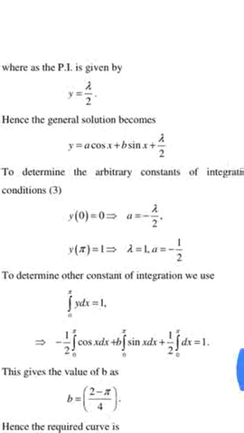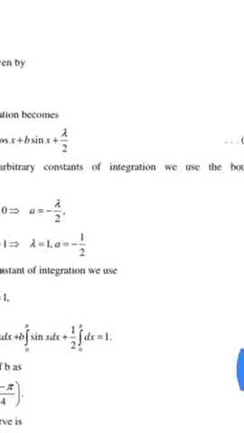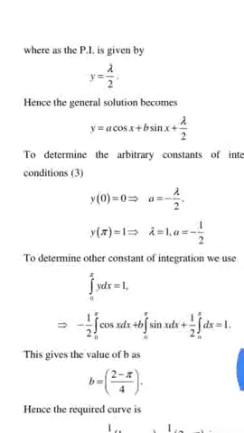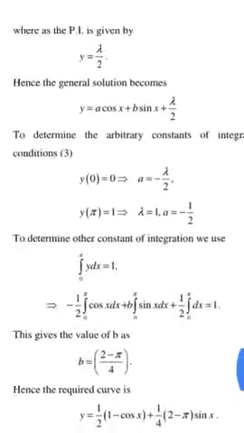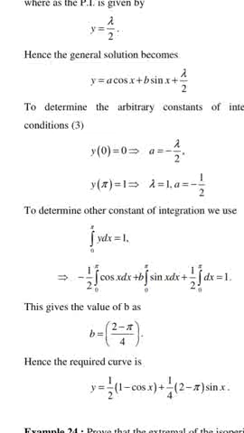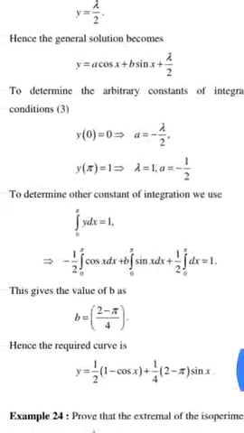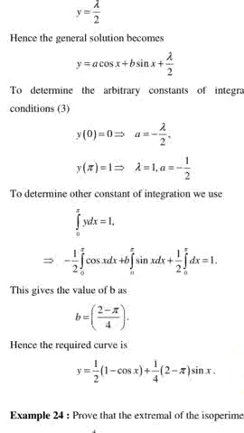To determine the arbitrary constants of integration, we use the boundary condition that y of 0 is equal to 0. Therefore, a is equal to minus lambda by 2. Y of pi is equal to 1, giving lambda is equal to 1, a is equal to minus 1 by 2. To determine the other constant of integration, we use the integral from 0 to pi of y dx is equal to 1.